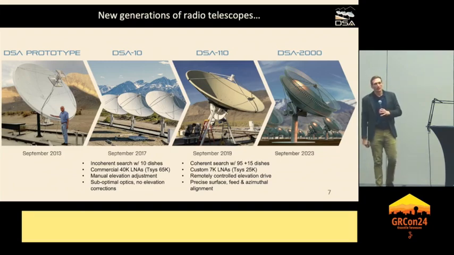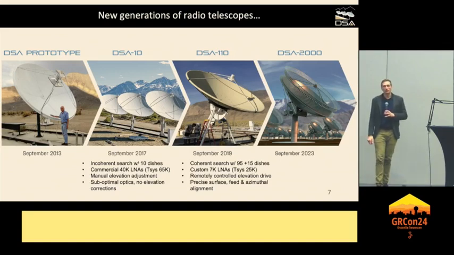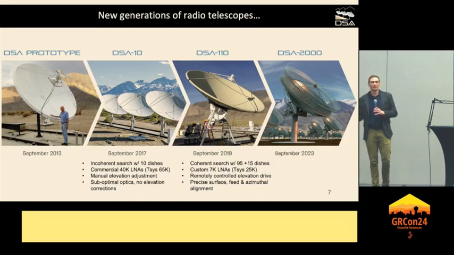That's great. A couple of years later, in 2019, we completed the DSA-110. So this time it's 110 antennas, 4.65 meters in diameter. And we're still tracking those fast radio bursts, but it was not just a matter of detecting those fast radio bursts, it was also a matter of localizing them.